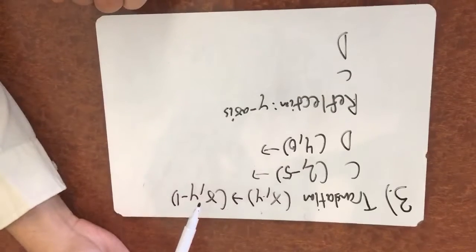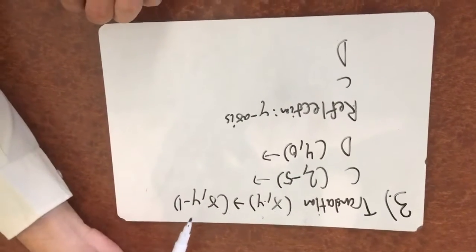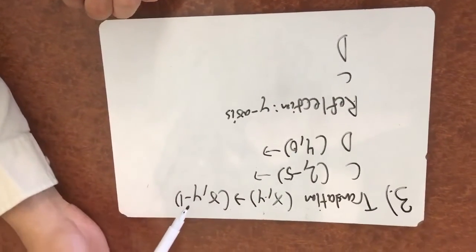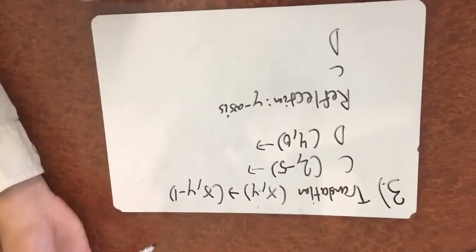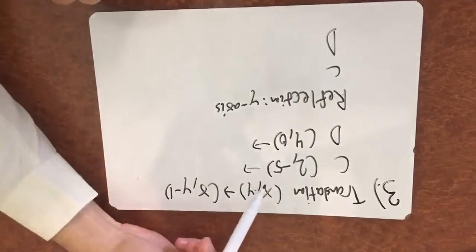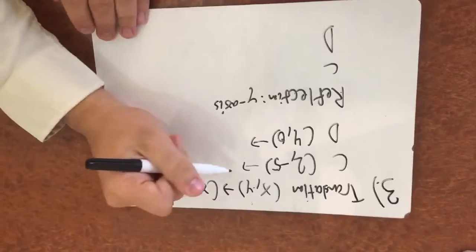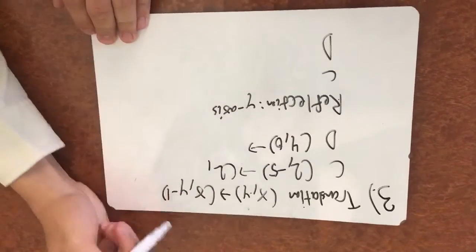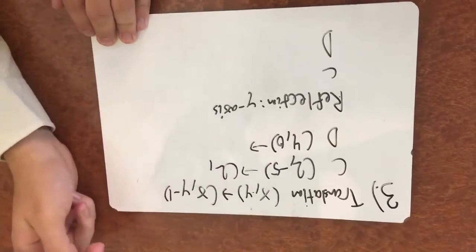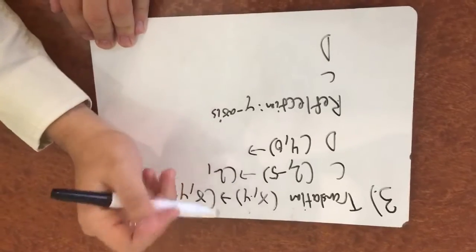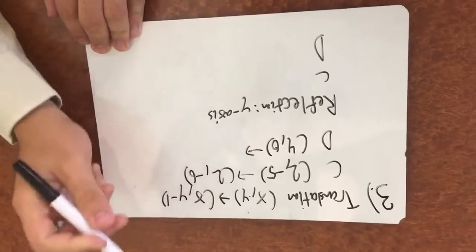The translation asks us to leave x the same, but subtract one from the y value. Here the y value is -5. We know that x remains the same. Y minus 1 equates to -5 minus 1, which gets you -6.